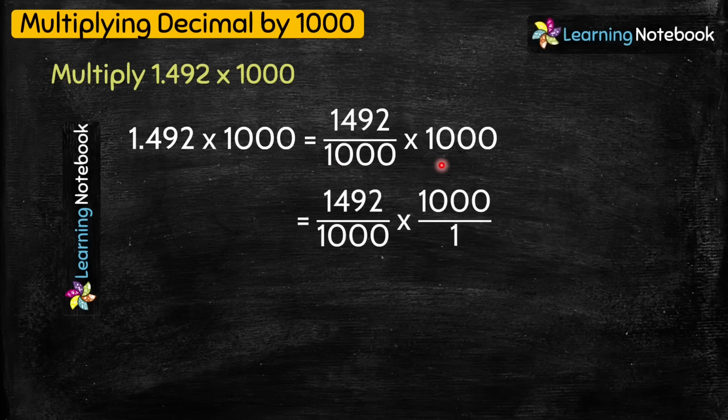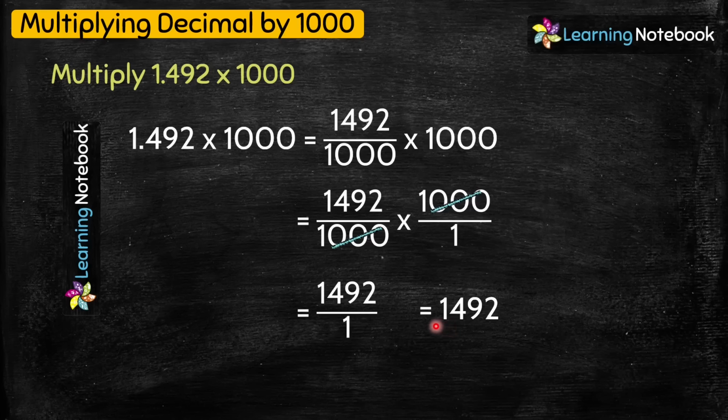And this 1000 can be written as 1000 by 1. Cancel all the 3 zeros by 3 zeros. And we get 1492 upon 1, which is equals to 1492.